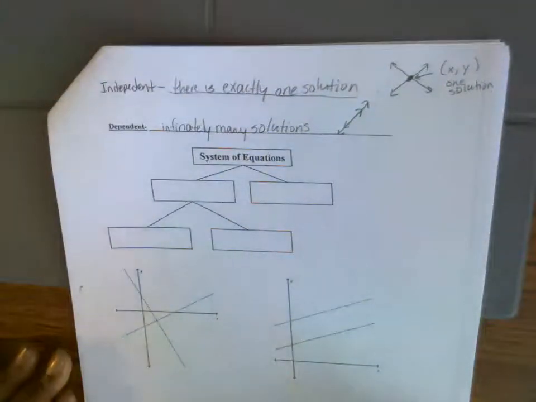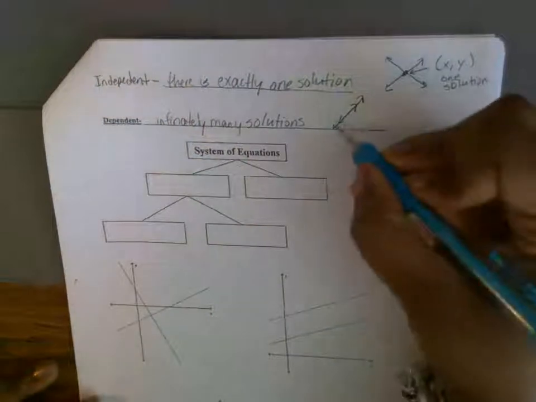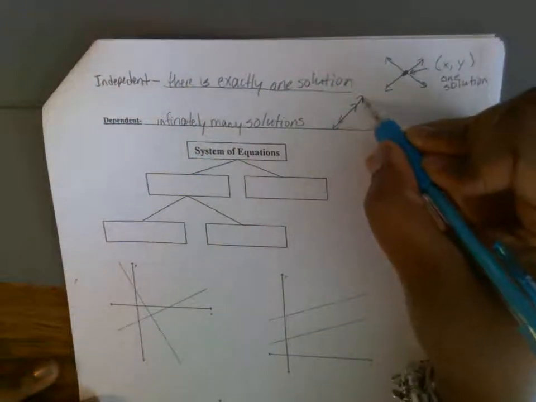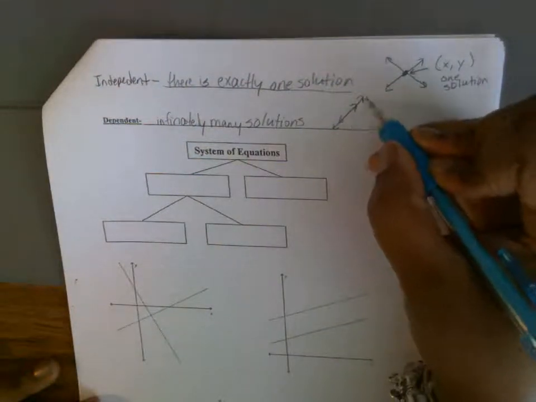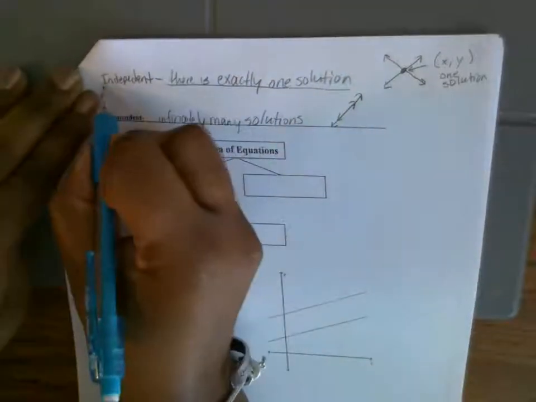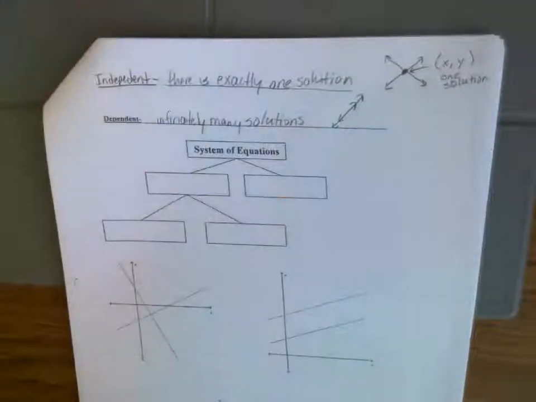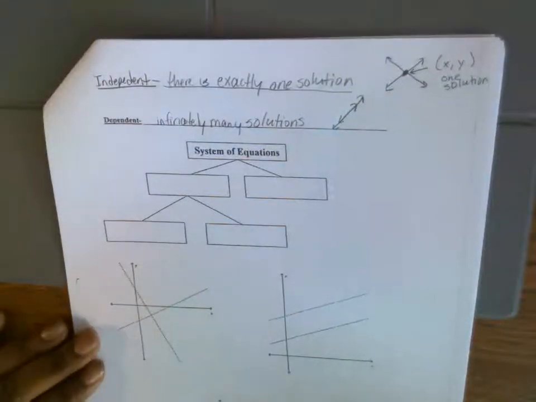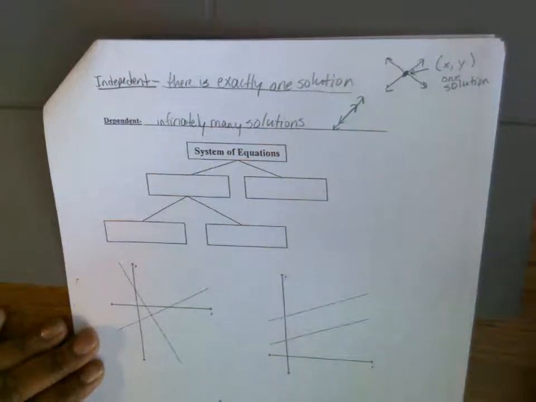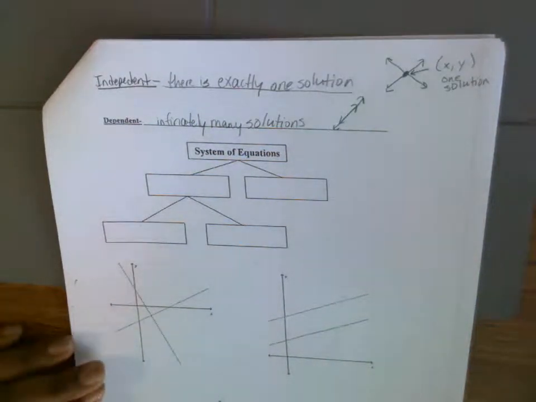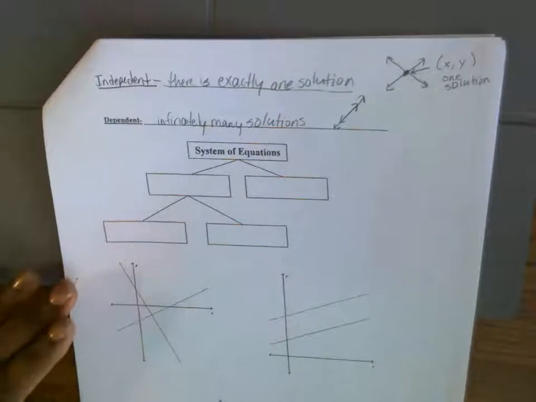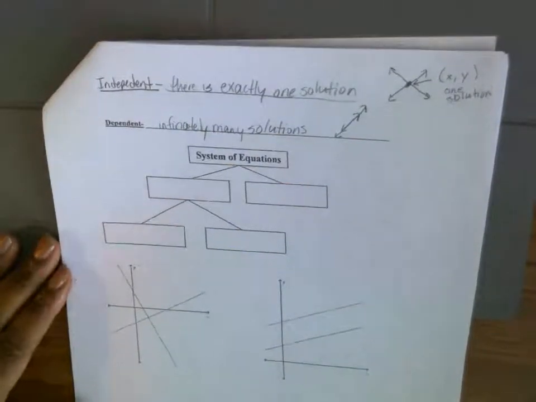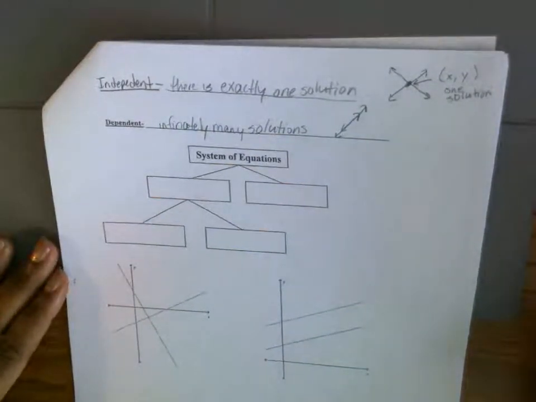They graph the exact same line. That means every single point that's on one line is a point that's on the other line. And these are words that we use to describe a system of linear equations. Okay. And I will pause.